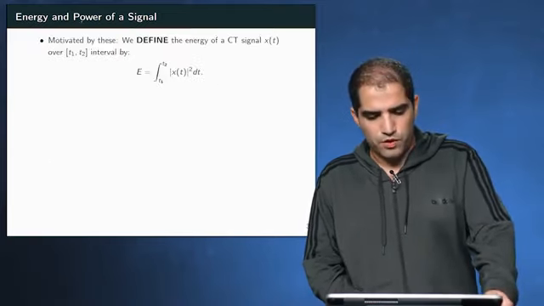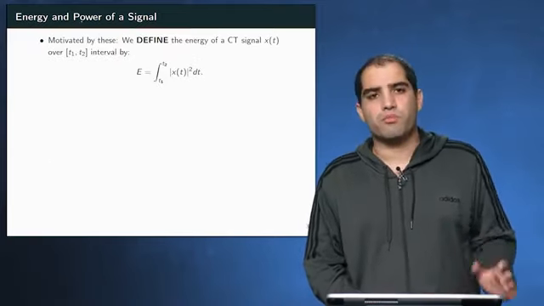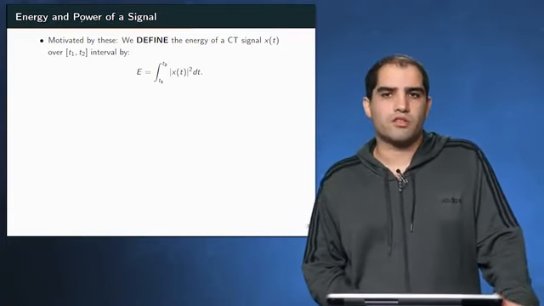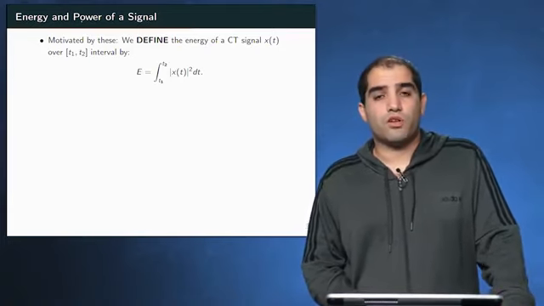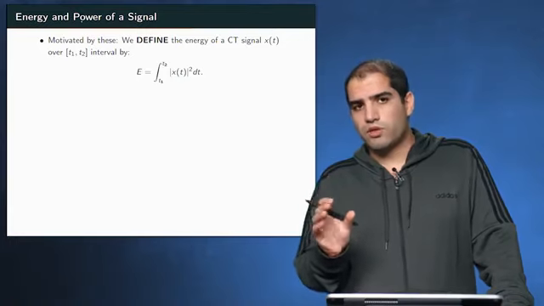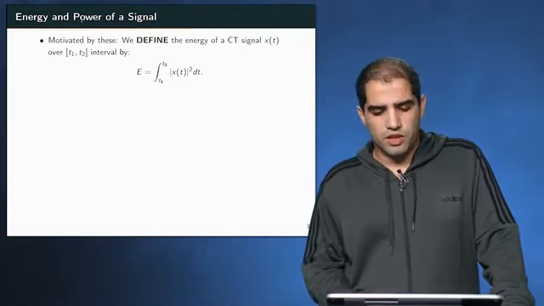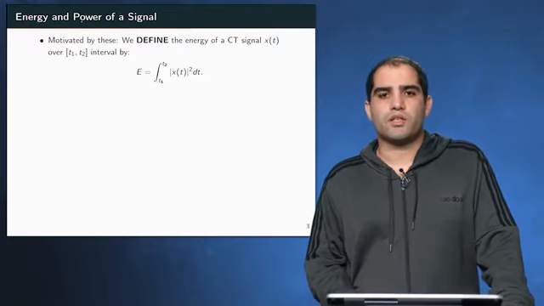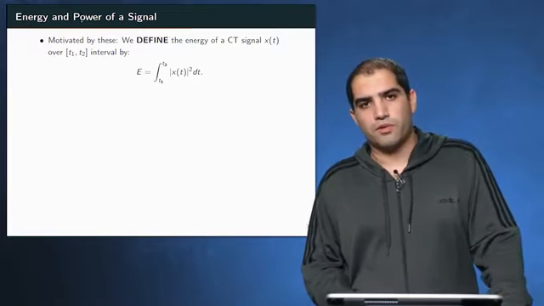Motivated by these examples, we define, and this is very important, the energy of a continuous signal over a given interval t1 to t2 to be the integral of the absolute value of x of t square over this interval.